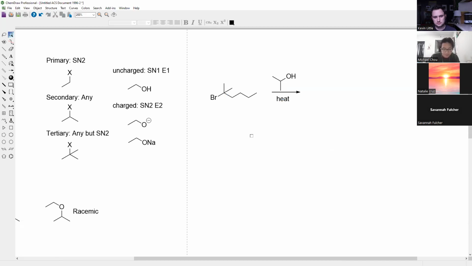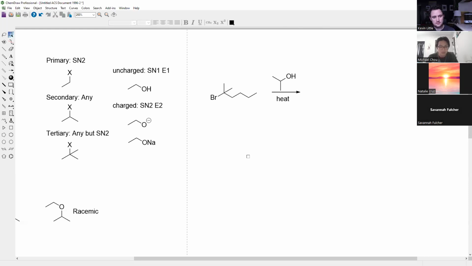Question 1. What's my nucleophile? Do I have a nucleophile in this picture? It's your OH, probably my alcohol. Do I have an electrophile in this picture? It's my bromine, the carbon attached to this bromine. So I've decided, because it's an alkyl halide, now I'm in my SN1, SN2 phase.